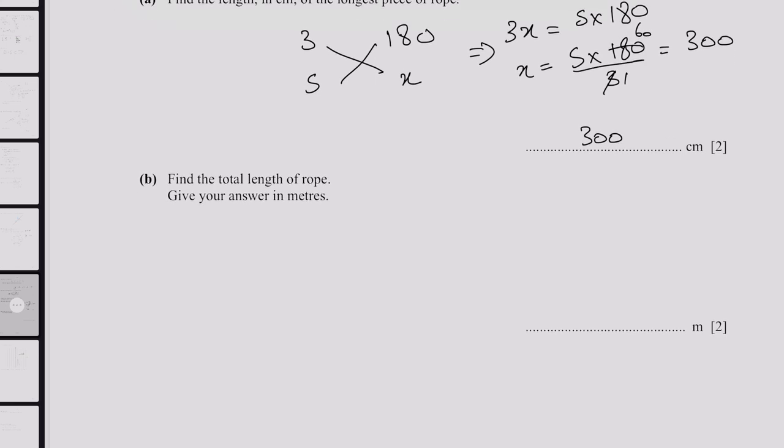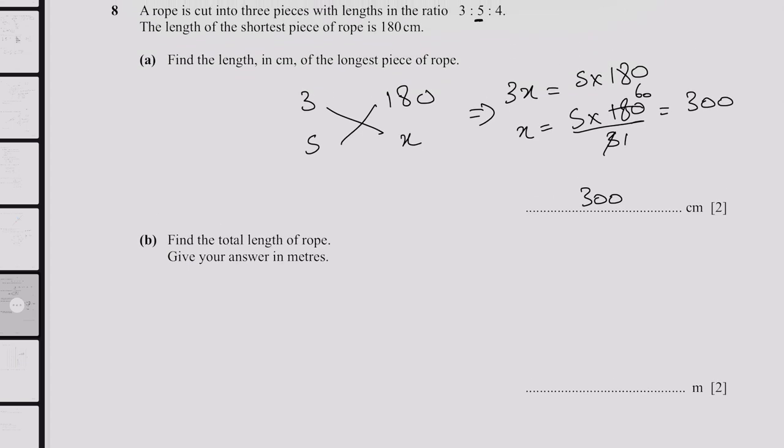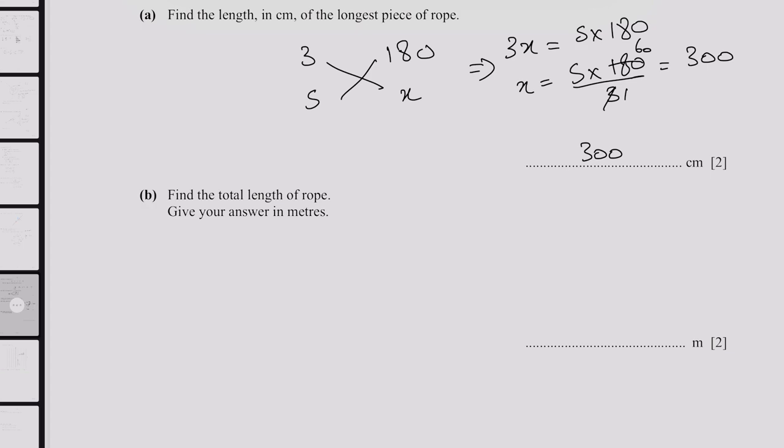Find the total length of the rope. Give your answer in meters. So we have the length for the shortest one and the longest one. Let's find the length for the piece of rope with the ratio 4.